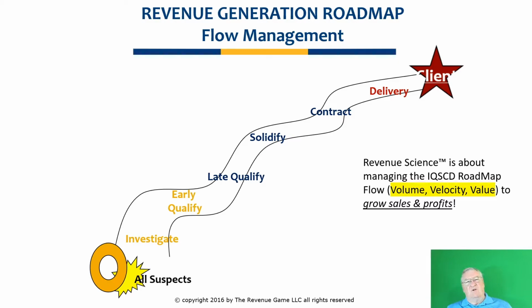And so today what we're talking about is the difference between sales and revenue. It used to be that the gold, the investigate and early qualify, the I, and the early part of Q, was a marketing function. Organizations would investigate because they'd see your brand, or an ad, or they'd see you at a trade show, or your website.